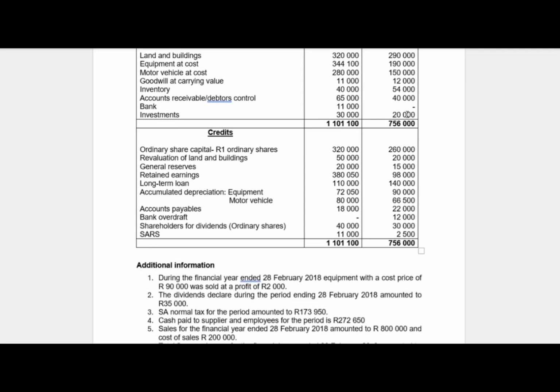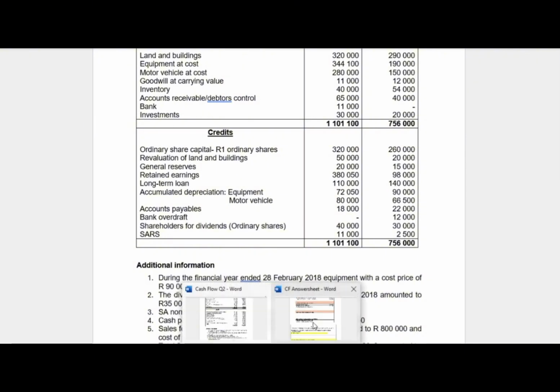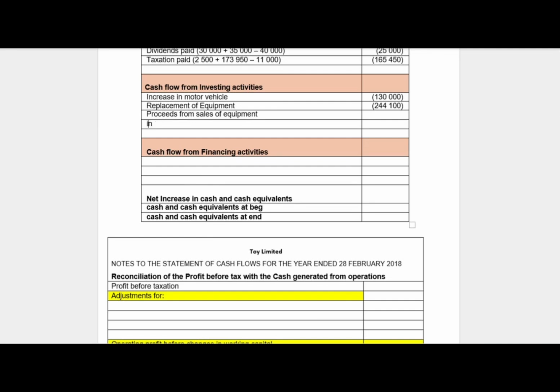So you can go to your cash flow. You can say an increase in investment or purchase of investment, no problem. Increase in investments, open brackets, 30,000 less 20,000, and then you will get an outflow.